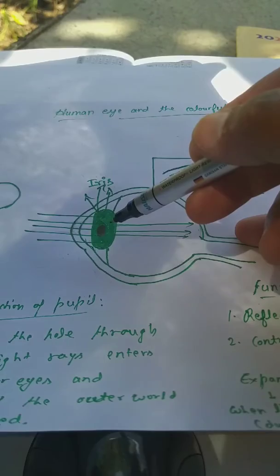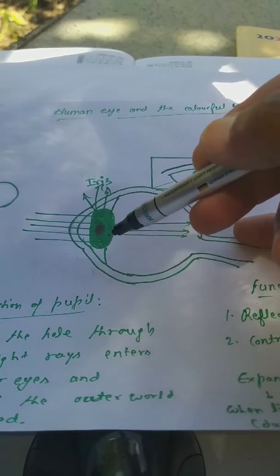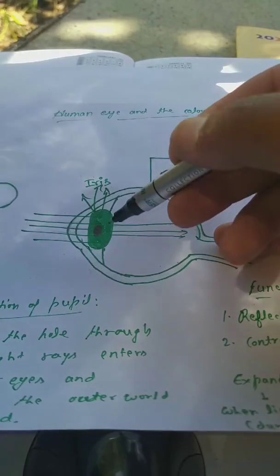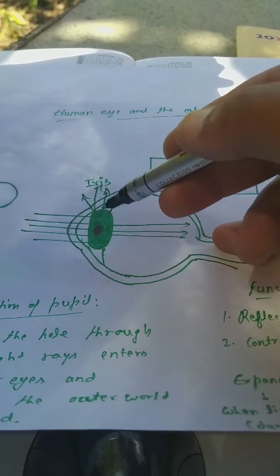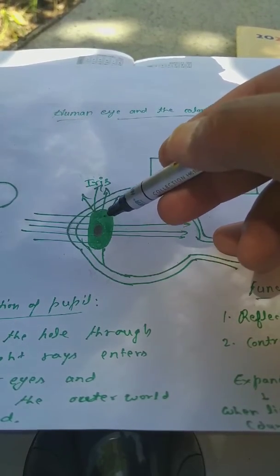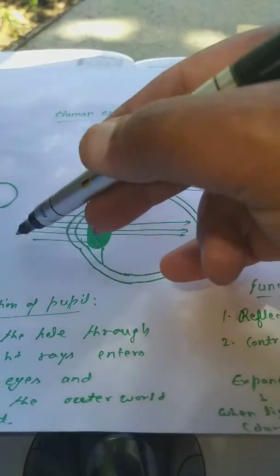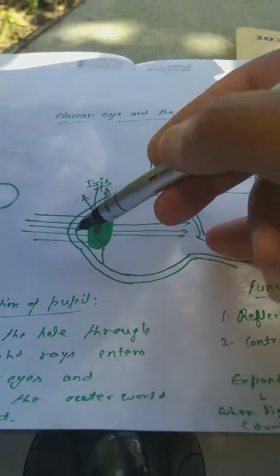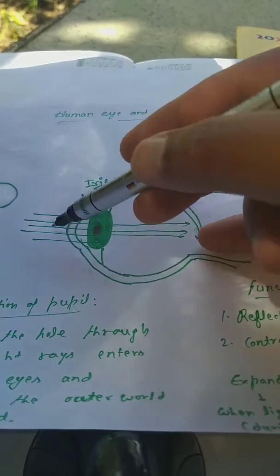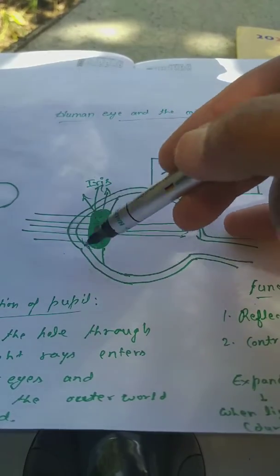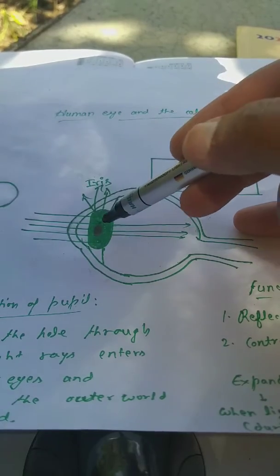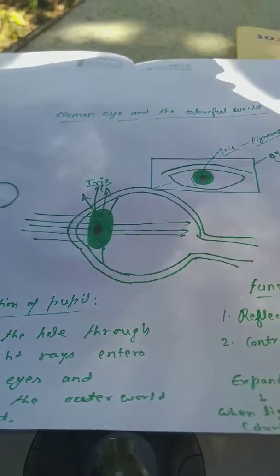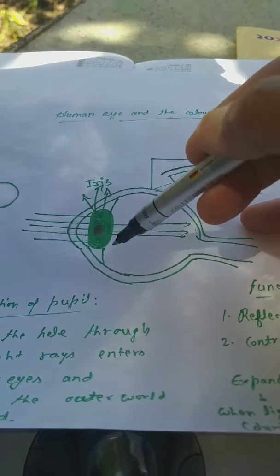In all human beings, the pigment in the iris reflects a different color. Some have brown color because the pigment reflects brown colored light. When white light is incident on this iris and the pigment reflects green color, the iris looks green. This iris is looking green right now.